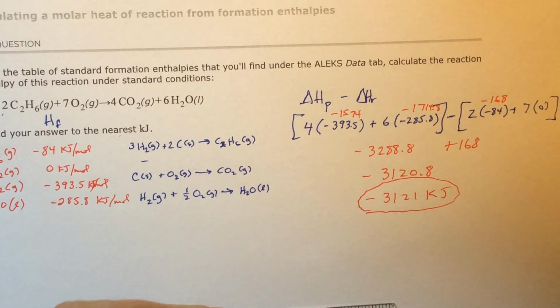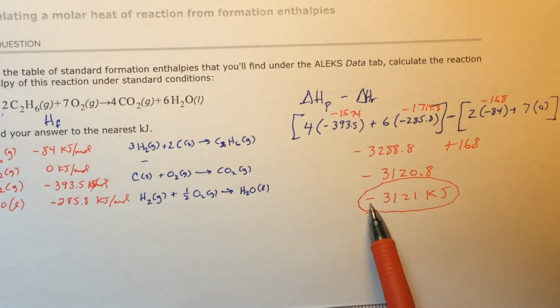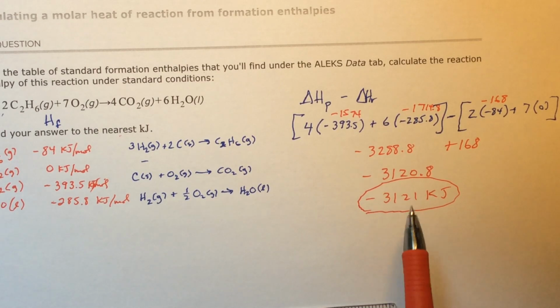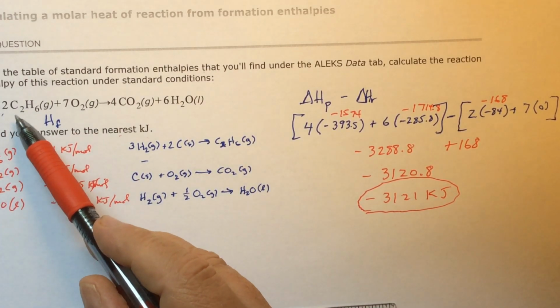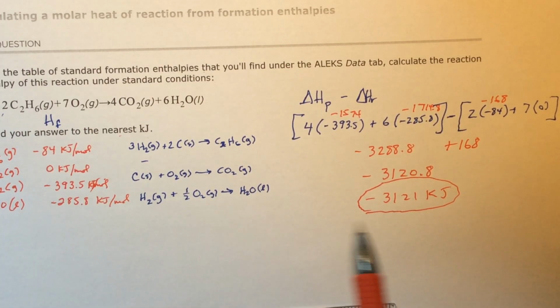That's the energy company sells you that gas, and so that means that it's going away. You're burning it, it's going away, and this is how much energy, and it's a lot. That's a huge amount. That's why you would burn this stuff for fuel, because it gives you tons of heat for the amount of molecules that you have.